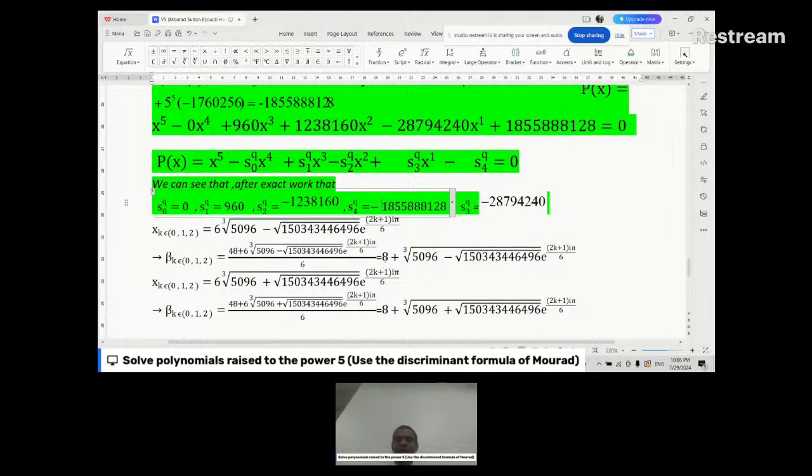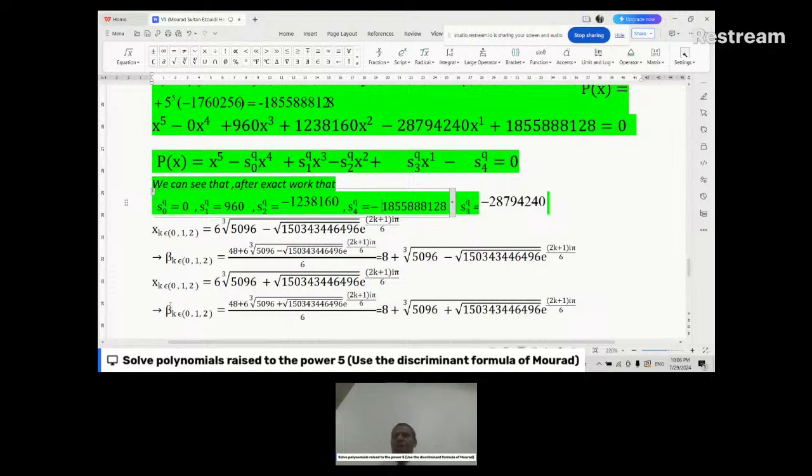You can simplify this: it equals 8 plus cube root of 5096 minus root of 150,343 million 446,496 times exponential of (2k+1) i pi over 6. These are the three roots of this polynomial.